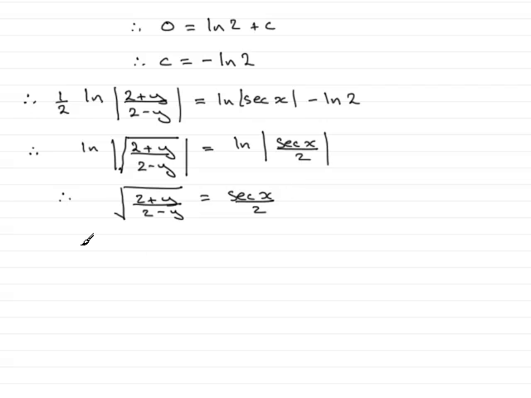So if I multiply both sides by 2 and square both sides, what I'm going to get is sec squared x equals, remember, this will be 4, and if I multiply by 4, I'm going to get 4 multiplied by 2 plus y all over 2 minus y. Alright, and so we have sec squared x equals some function of y. And that brings us quite nicely to the end of this question.